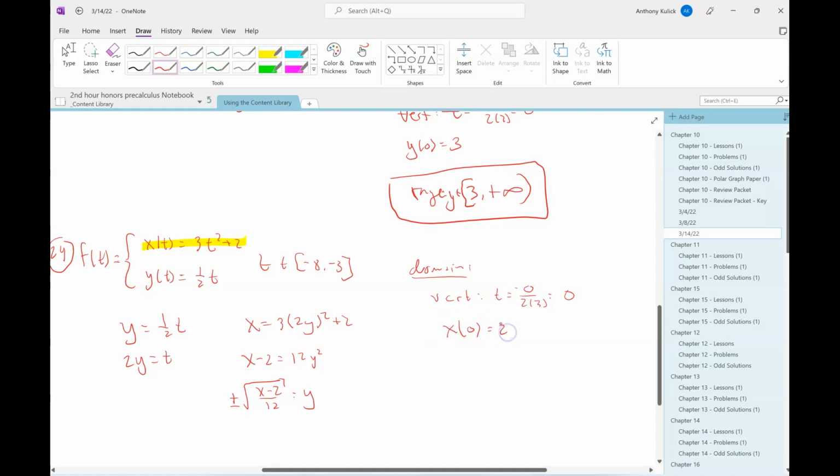That gives me 2. Then I need to do x of negative 8. That was 64. Times 3 is 192, 194, I think.